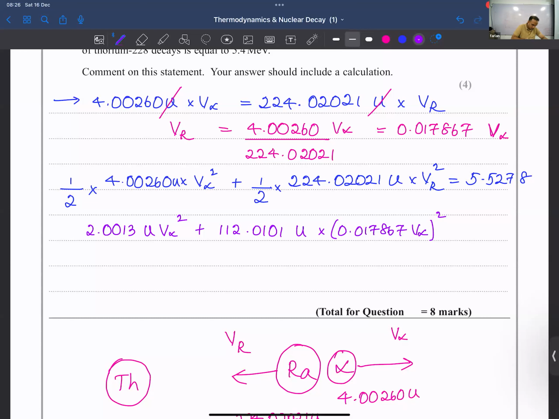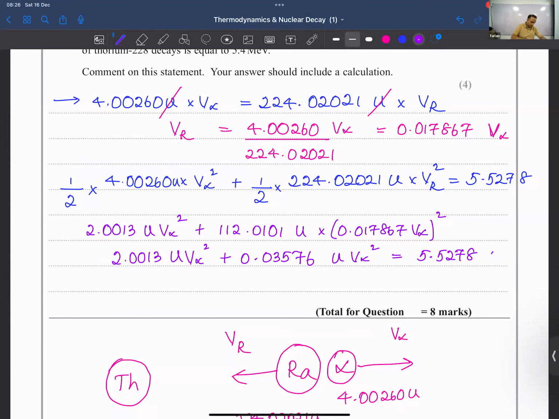2.0013 U V alpha square plus 0.03576 U V alpha square, that is equal to 5.5278.